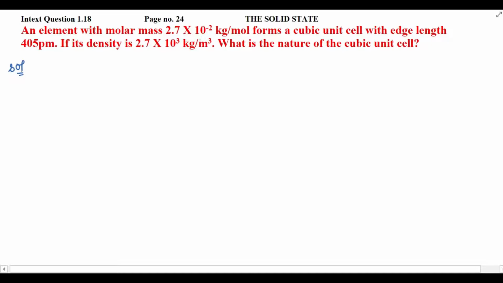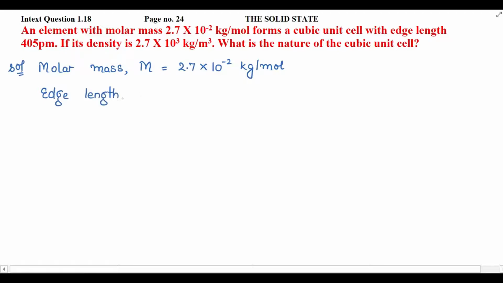So you can write molar mass, denoted by capital M, equal to 2.7 × 10^-2 kg per mole. Now they have given you the edge length of the unit cell. Edge length means a, that is 405 picometer.